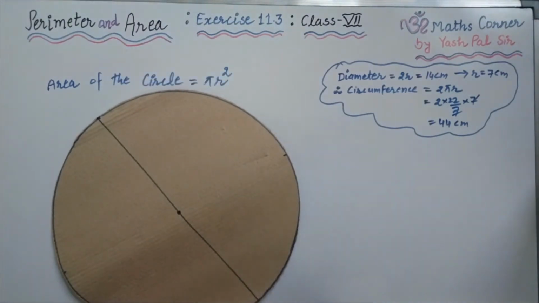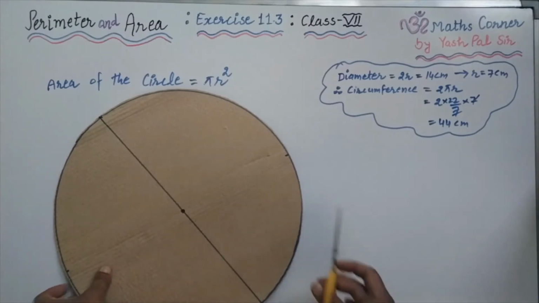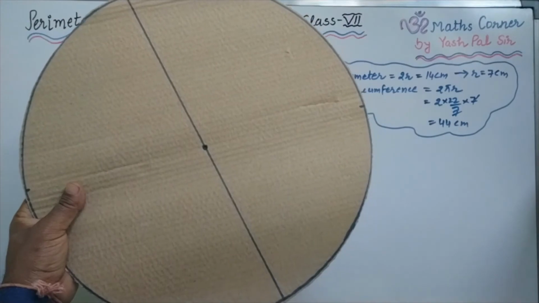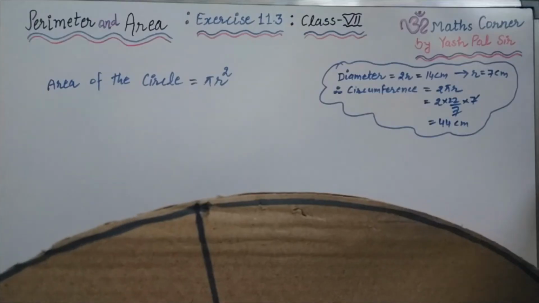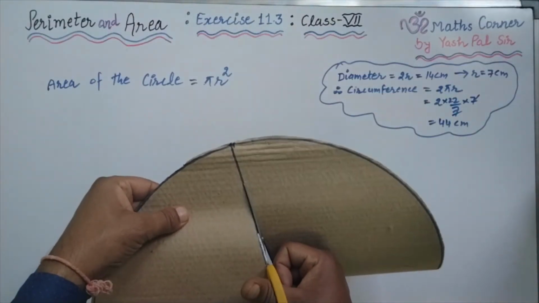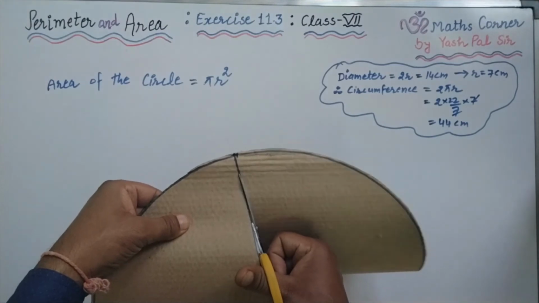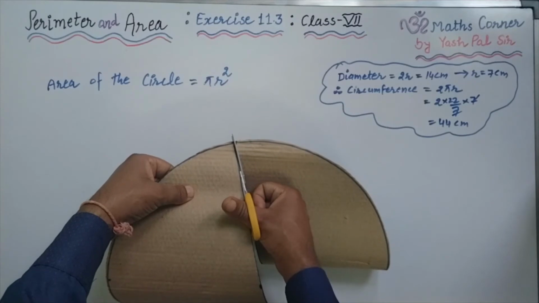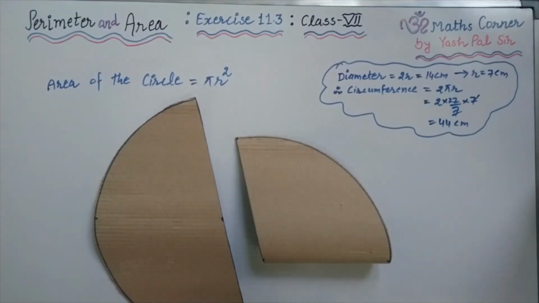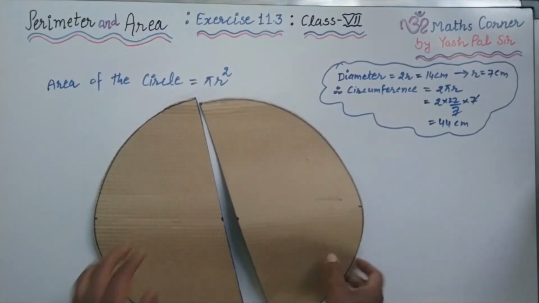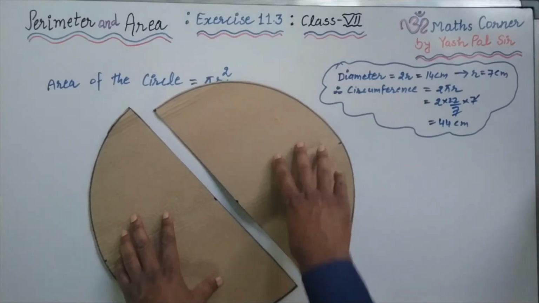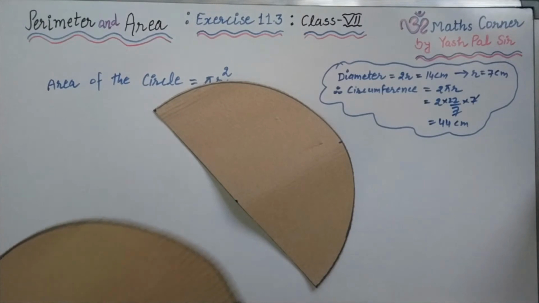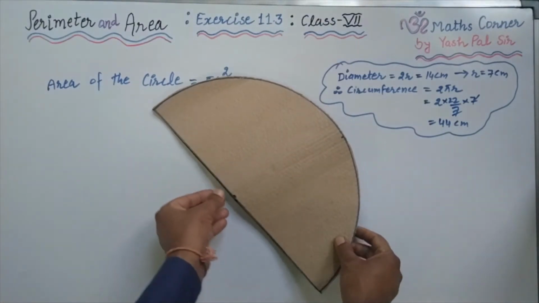With the help of this scissor, I am going to make the partition of this circular sheet into two equal parts. This way, two equal parts of the same circular sheet. We have cut this complete circular sheet into two equal parts.